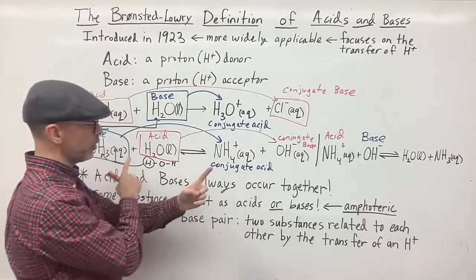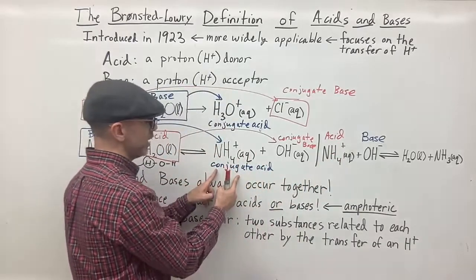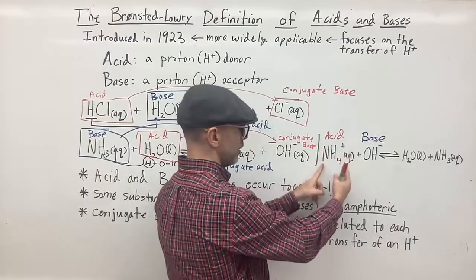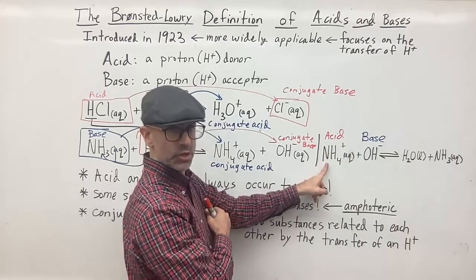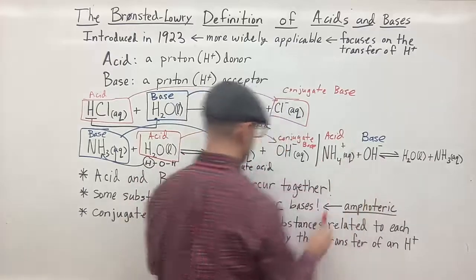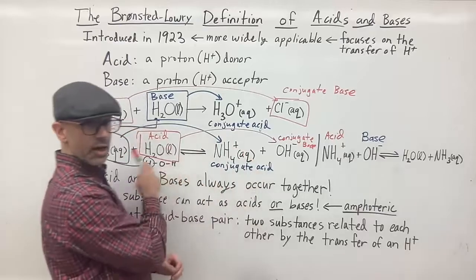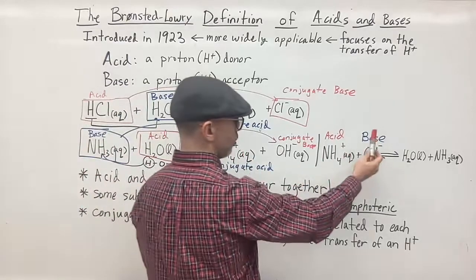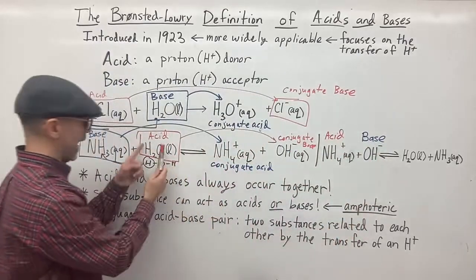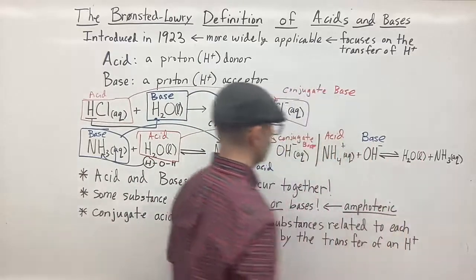Now, if we were to reverse this, right, then what was the conjugate acid in this one now becomes the acid in this reversed reaction because they're on the reactant side. So this is the acid in this reaction because it's the conjugate acid in the other reaction, right? So what was the conjugate base becomes the base. And then what was the acid over here becomes the conjugate base over there.